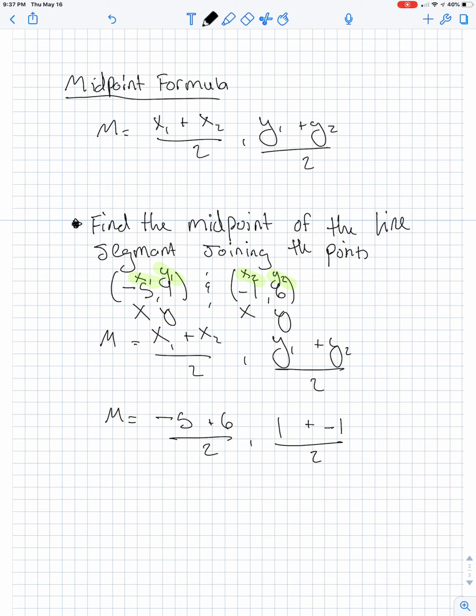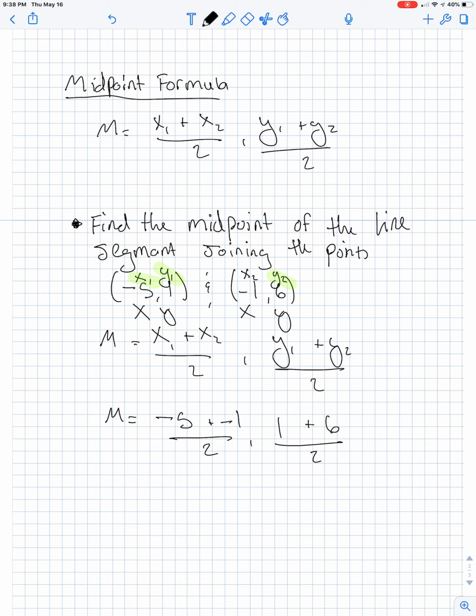alright. I'm sorry, I messed that little part up real quick. Hold on. See, I caught myself on this error by, instead of doing x2, I used y2 for this first problem. So really, it's -5 plus a -1 over 2, and then the other one is one plus 6.